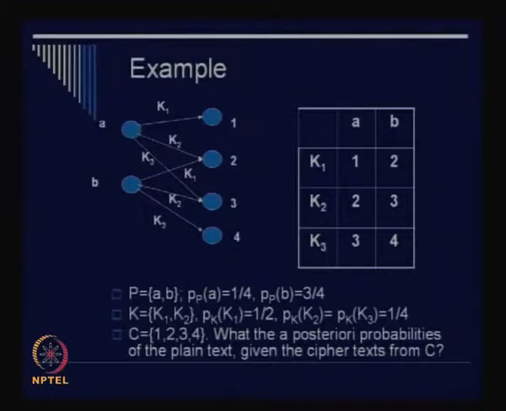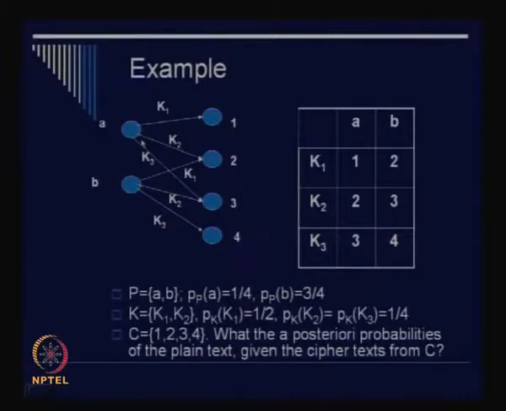Consider this crypto system. This is just a diagrammatic representation of a crypto system. It is a very simple transformation, where your plain text comprises the letters A and B, and your ciphertext comprises the symbols 1, 2, 3 and 4. The transformation says that you start with A, and if your key is k1, you go to 1.